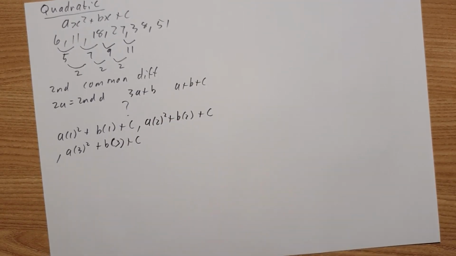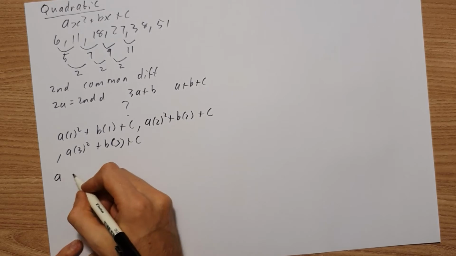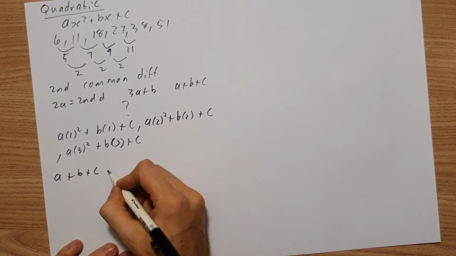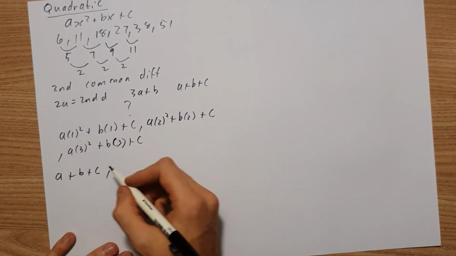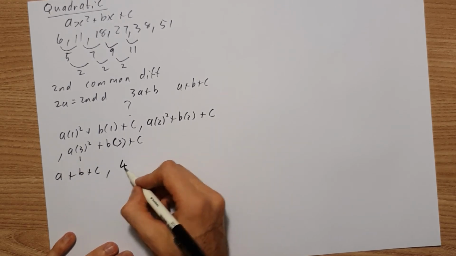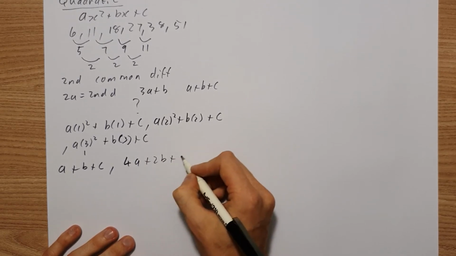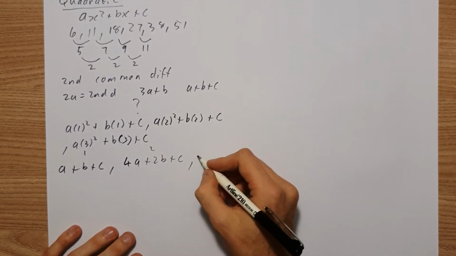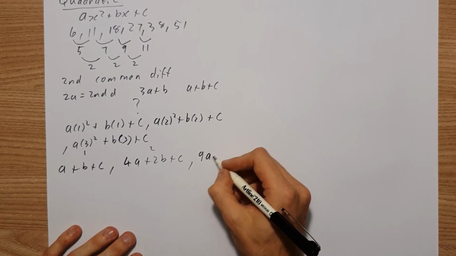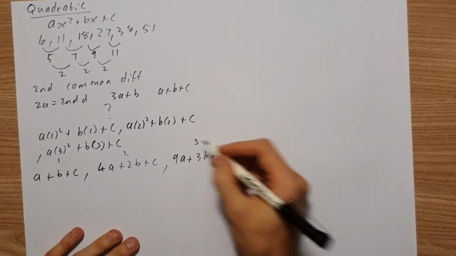Now let's have a look at the first difference between everything. Technically I have a plus b plus c as my first term. Then the next term is 4a plus 2b plus c. My third term is then 9a plus 3b plus c.